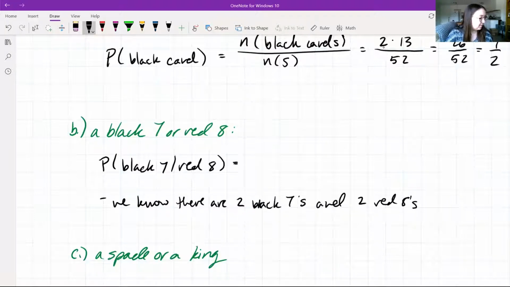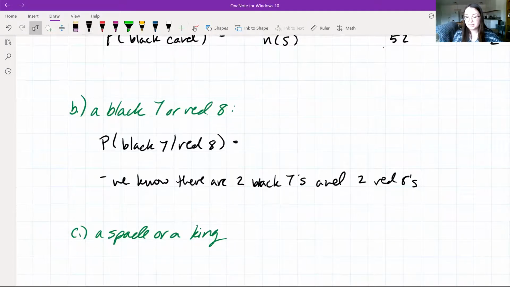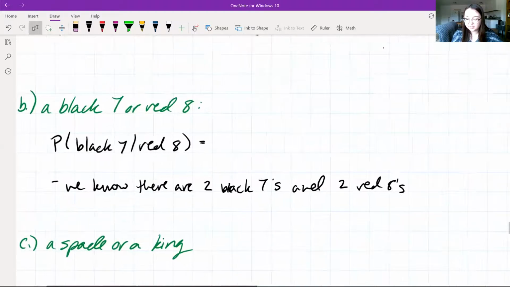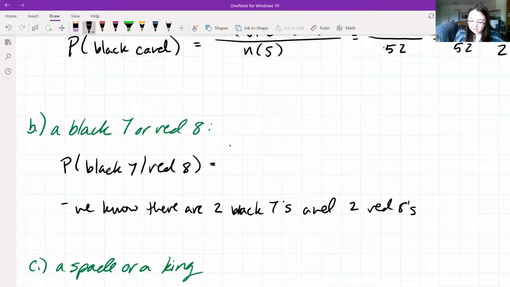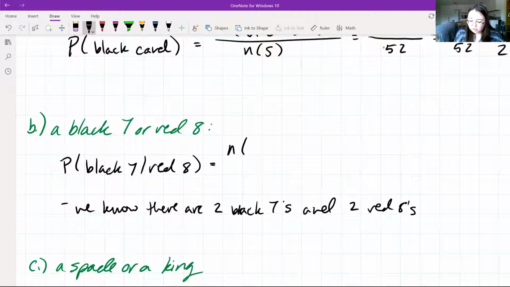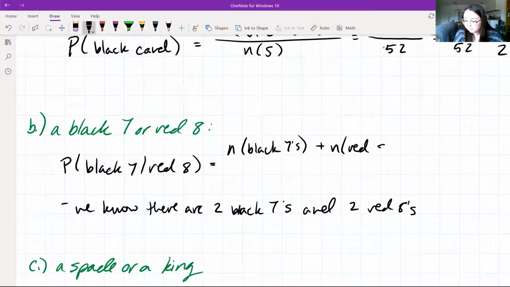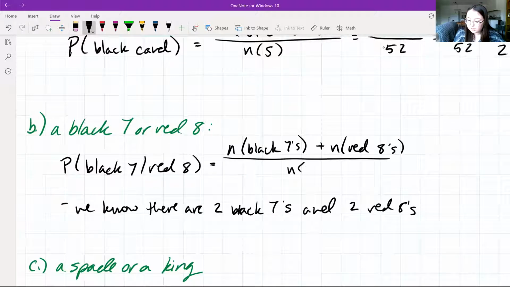So since we know that there's 2 black 7s and 2 red 8s, when we find our probability, this is like saying the number of black 7s plus the number of red 8s divided by our sample size.